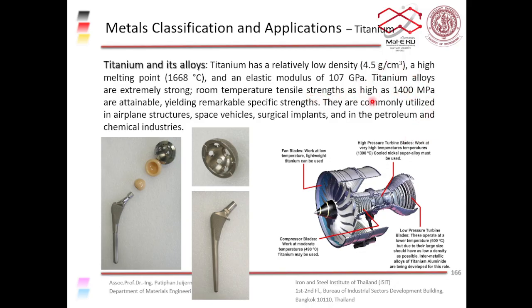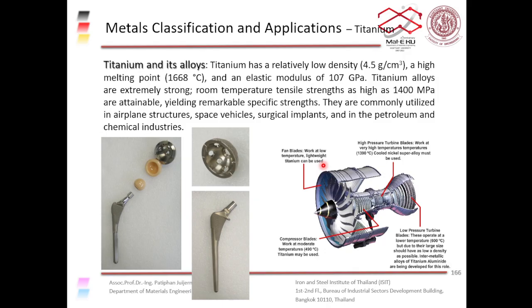Because it has almost as high a strength as steel, maybe just a little bit less, but about half the density of steel, if you take the strength divided by the density of that material, you get the specific strength. Because of the low density, you get really high specific strength.